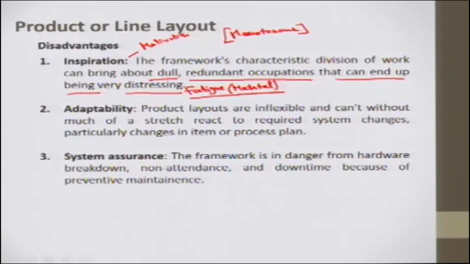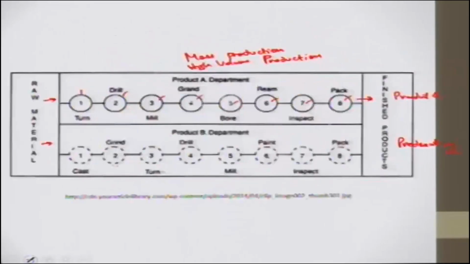Next is adaptability. Product layouts are inflexible and cannot easily react to required system changes, particularly changes in product or process design. As I have discussed before also, if I need to put one more machine and additional process here, what do I have to do?